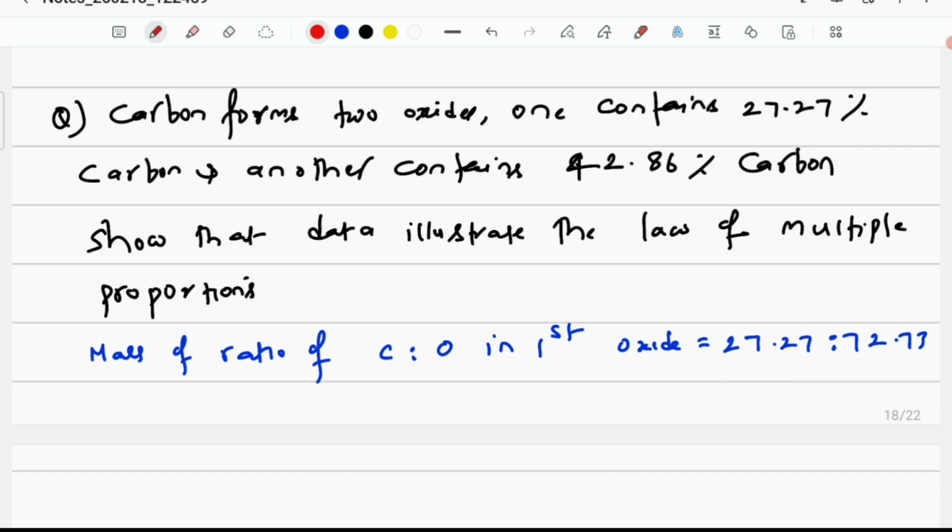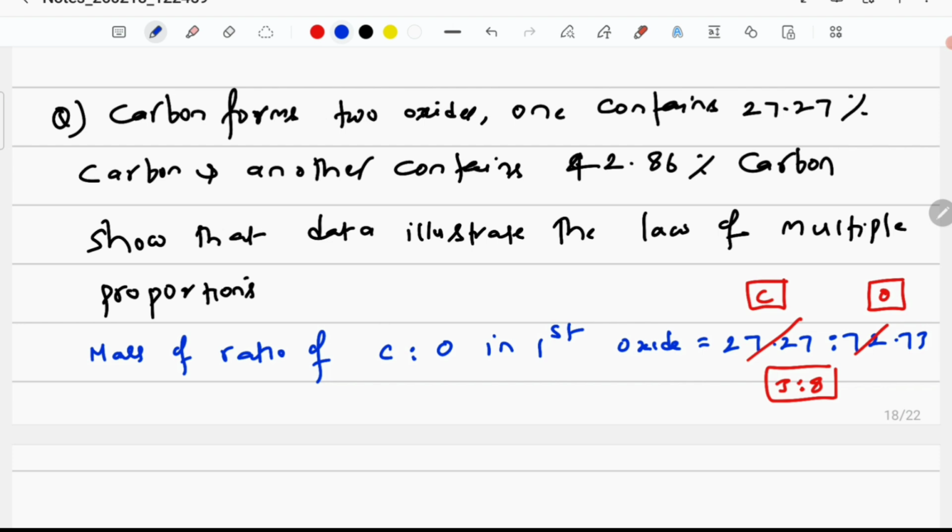So in the first case, carbon is 27.27%. What about oxygen here? How did we get this information? Because if carbon is 27.27, oxygen is 100 minus 27.27. After cancelling, here you will get 3:8. Right?